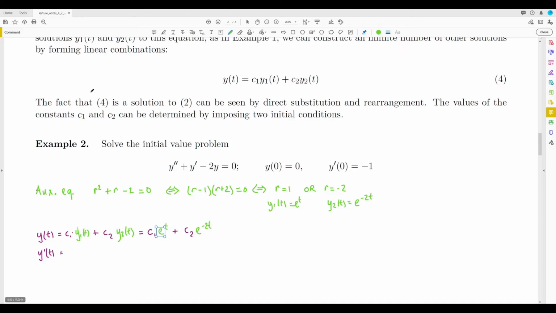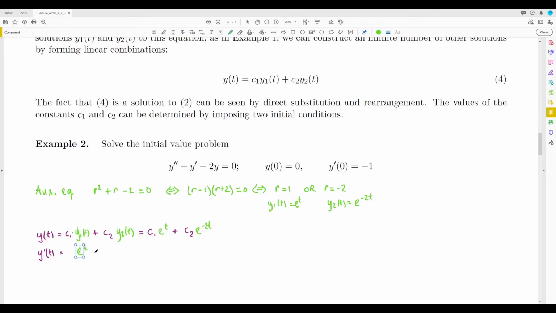And then for y prime, if we take the derivative, that first term doesn't change. So that first term is still e to the power t with a c1 in front. And the second part, due to the chain rule, the negative 2 moves to the front.